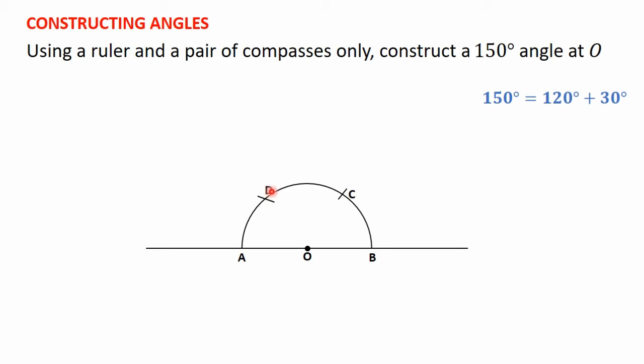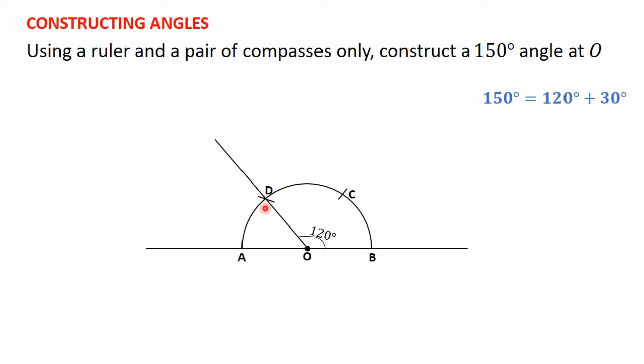From the previous videos, we have learned that the angle between point C and point B is 60 degrees. The angle between point C and point D is 60 degrees. And the angle between point D and point A is also 60 degrees. So if we draw a straight line through point D and O, the angle formed here, that is angle DOB, will be 120 degrees.